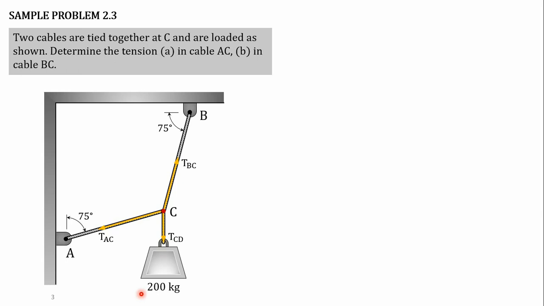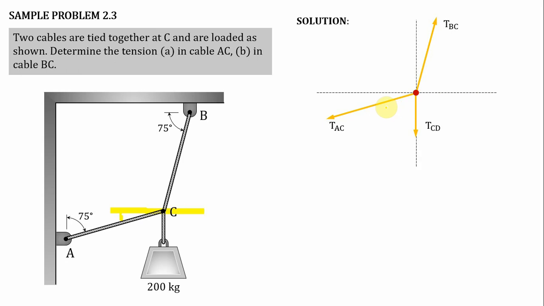Ita-transfer ko lang siya, na ilalakihin ko. Since 75 degrees ito, therefore itong angle na yan, since 75 degrees naman yan, is equal to 15 degrees, that is 90 minus 75.